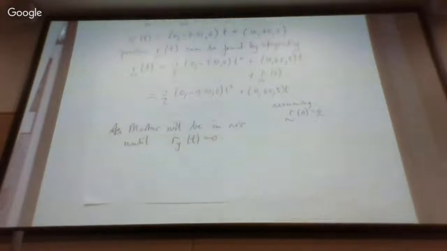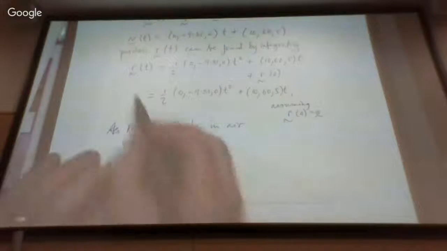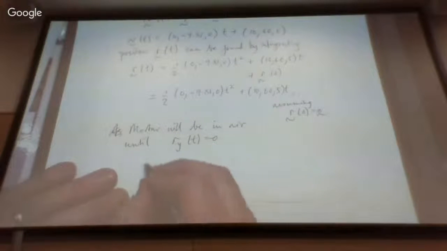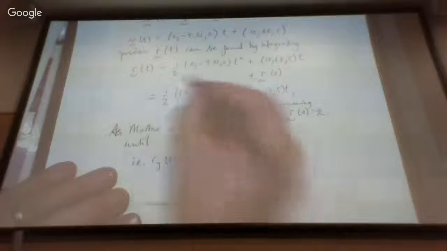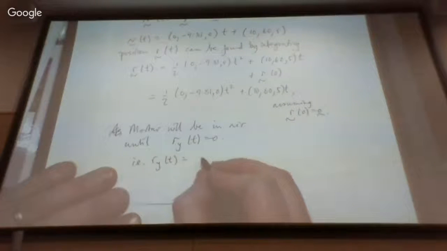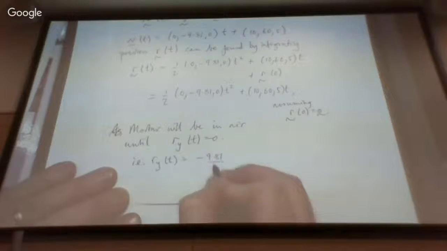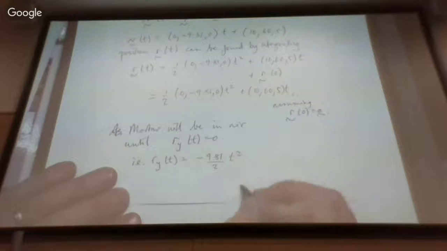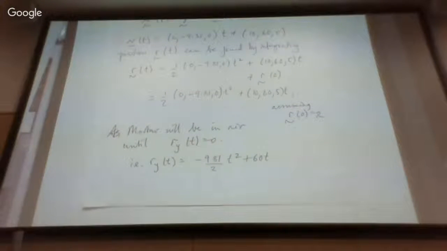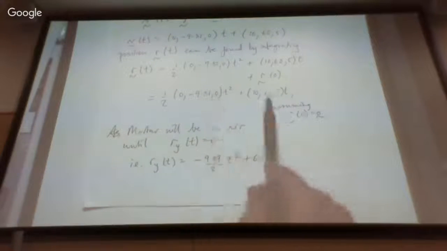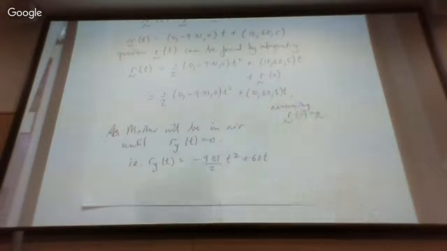So this is going to allow us to find t. If we isolate the ry component, the second component of the position there is minus 9.81 over 2 times t squared plus 60 times t. We just read it off here, adding these two vectors together and looking at the second component.